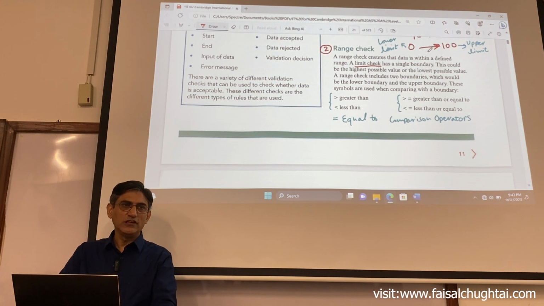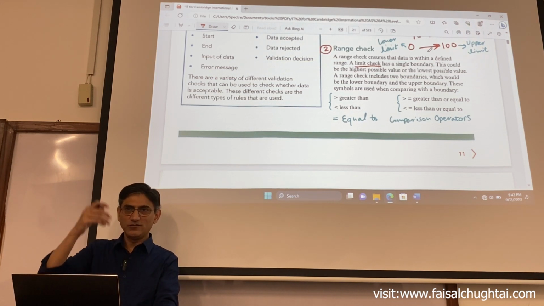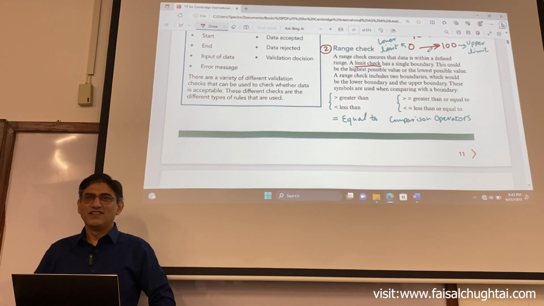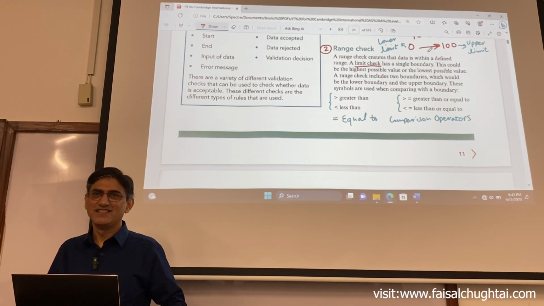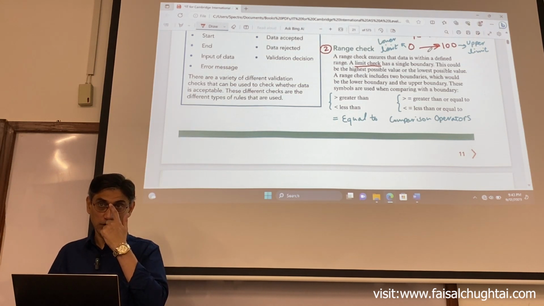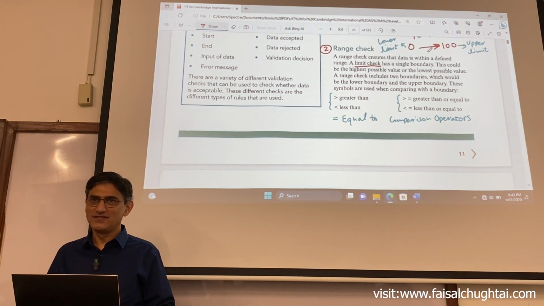You see any difference between a limit check and a range check? Okay. And there is no range, you're saying.